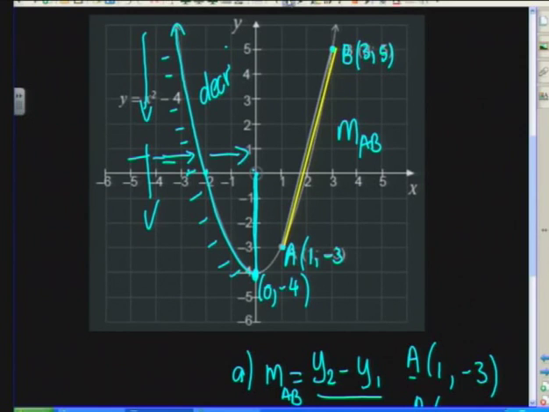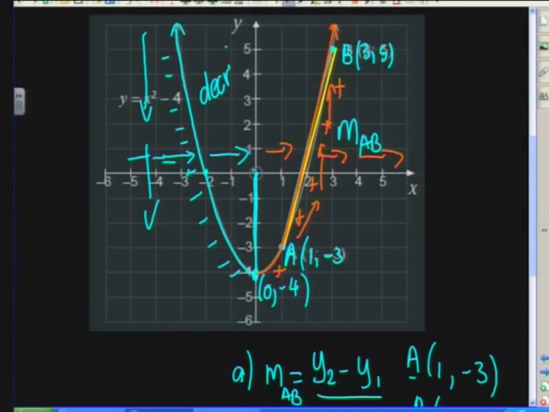But then look at what happens. As you go from that point onwards, your graph starts increasing, because as your x values are getting bigger, as they're getting more positive, you can see that your y values are also increasing. So on this side, we have an increasing function.